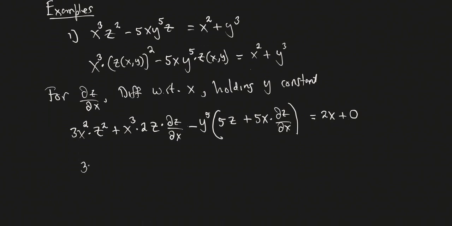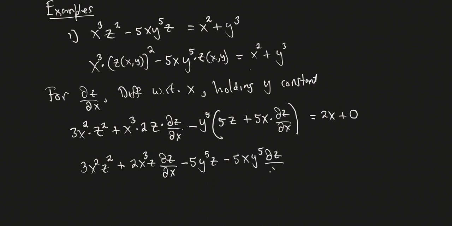So let's see, we got 3x squared z squared plus, I'll put the 2 in front, so 2x cubed z dz dx, distribute the negative y to the fifth, so minus 5y to the fifth z, and then minus 5x y to the fifth, and then dz dx. And then on the right-hand side, we have our 2x.